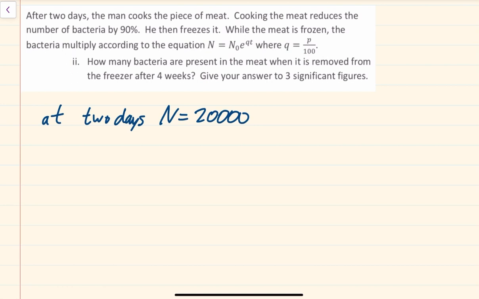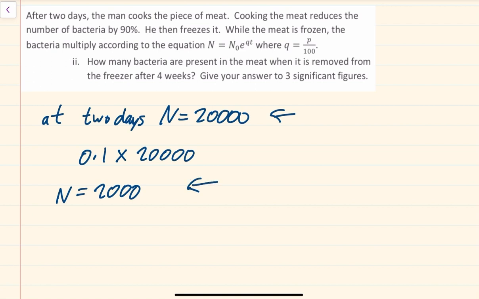So after 2 days, the man cooks the meat and it reduces the number of bacteria by 90%. Reduced by 90% means it goes down to 10%. So 0.1 times 20,000 takes us down to just 2,000. So my N is equal to 2,000. So after 2 days, that's what it was. Then he cooks it, so it's now equal to this.